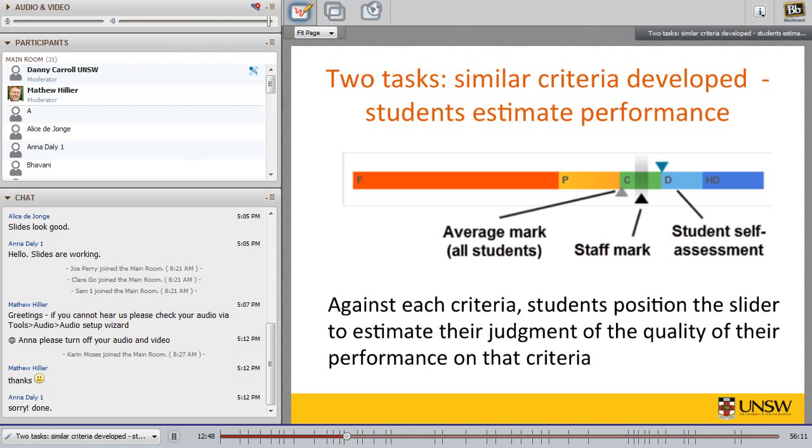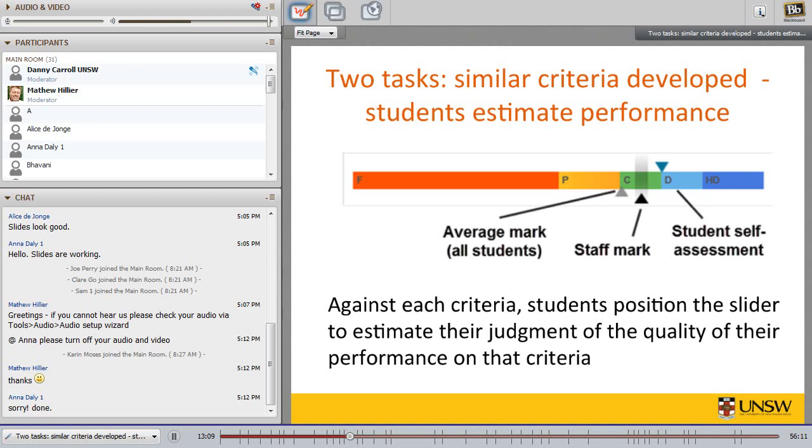And this display of the gap or the difference between a staff mark and a student self-assessment on particular criteria gives the students visual feedback, as well as can be accompanied by textual feedback, about their level of performance and what they have to do to improve.